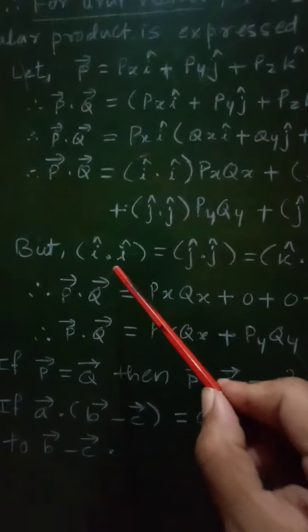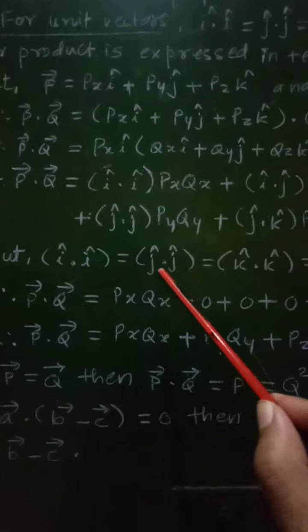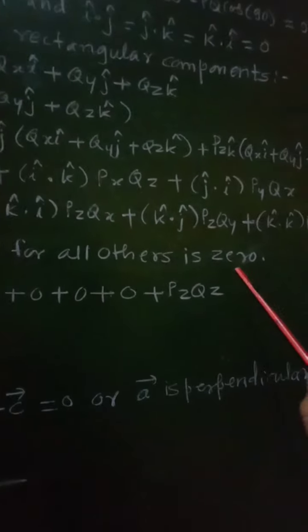So all the terms of vector p are multiplied by all the terms of vector q, and we know the products of the unit vectors, and therefore we can write here i cap dot i cap equal to j cap dot j cap equal to k cap dot k cap equal to 1, and for all other products it will be equal to 0.